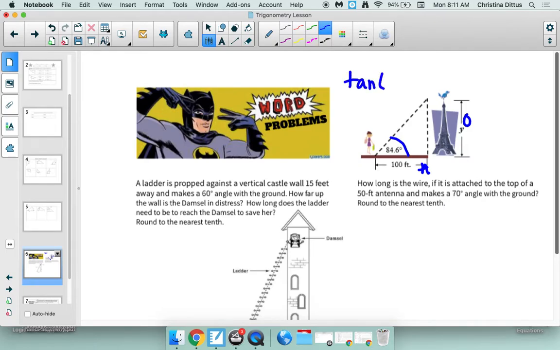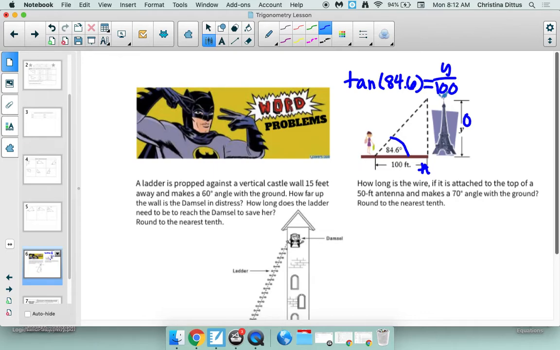of my angle, which is 84.6. And that has to equal opposite on top, so my y on top, adjacent on bottom, so the 100 on bottom.